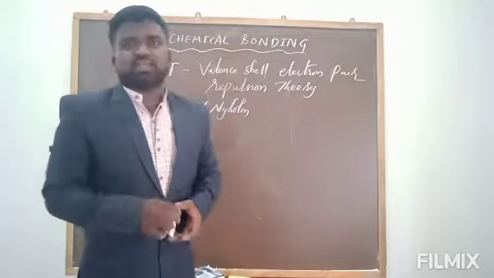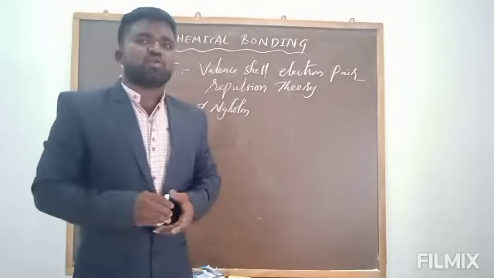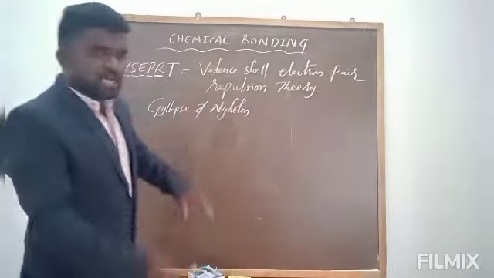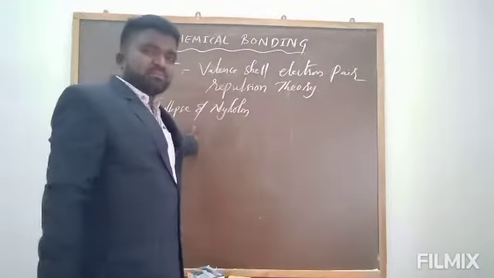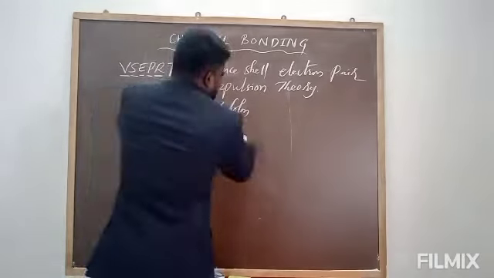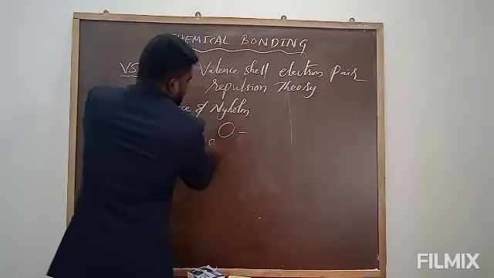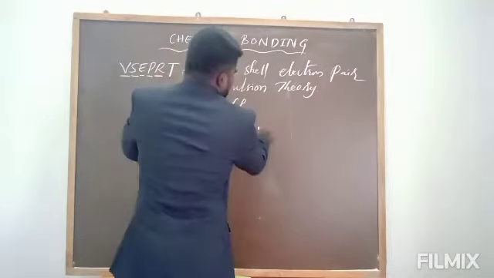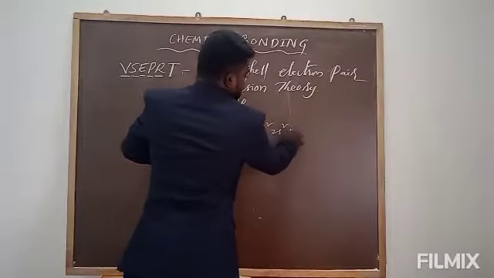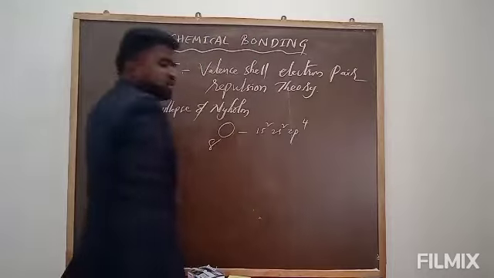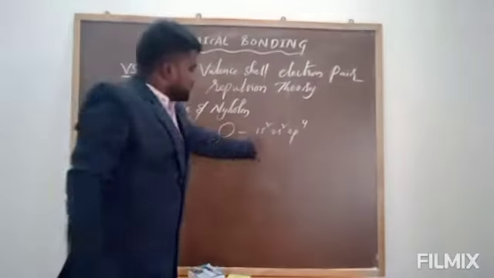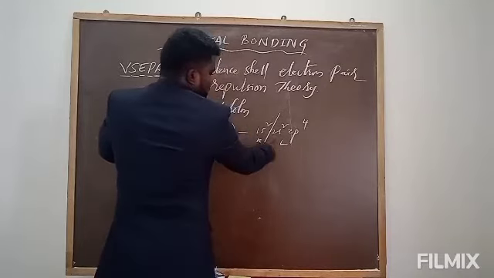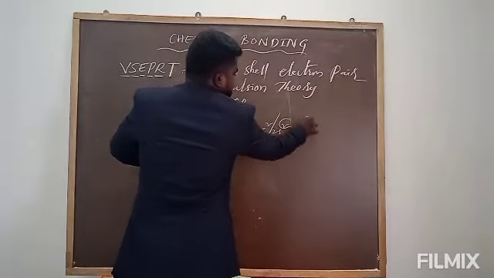Lone pair will be there in every atom. We should know what is a lone pair and what are bonding electrons. For example, according to the Lewis-Dot method, if we take oxygen, atomic number 8, electronic configuration 1s2, 2s2, 2p4. So 1s2 is the K shell, and the next is the L shell. Now, how many valence electrons?